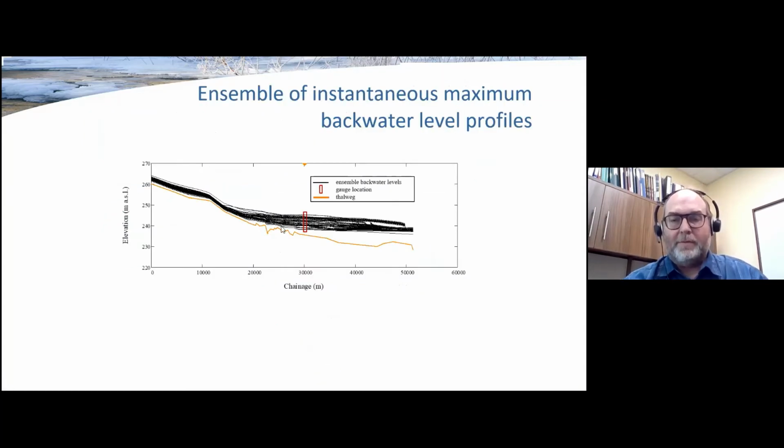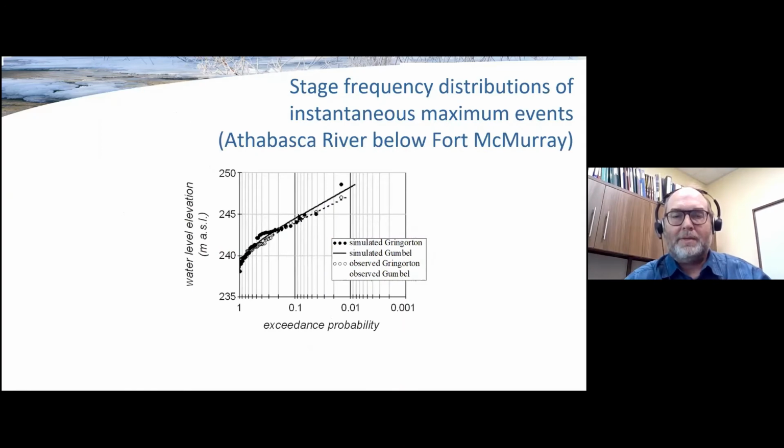Here are now the actual simulations of the ensemble, and this was the observed and the simulated.